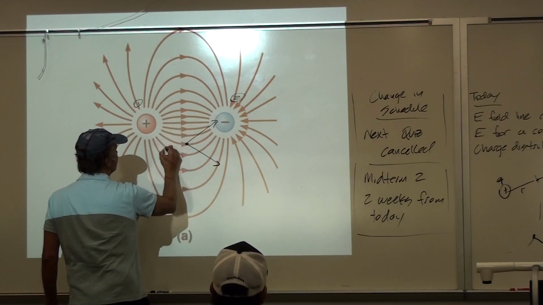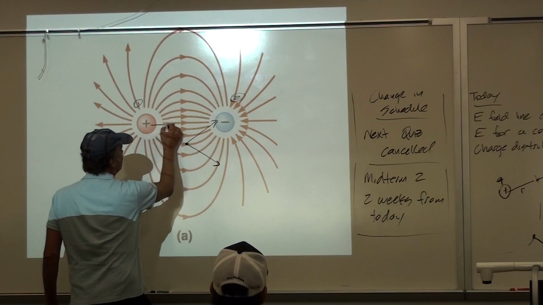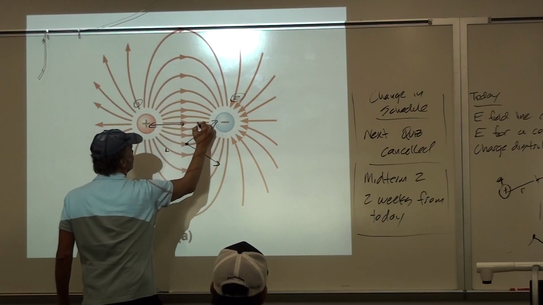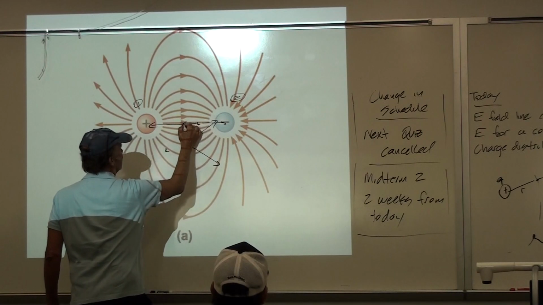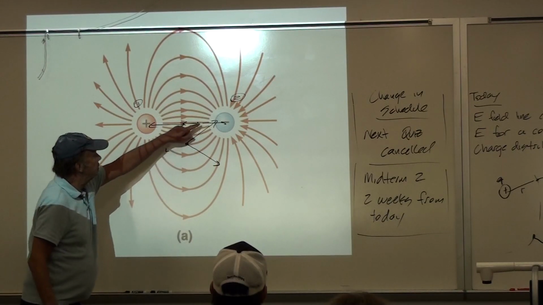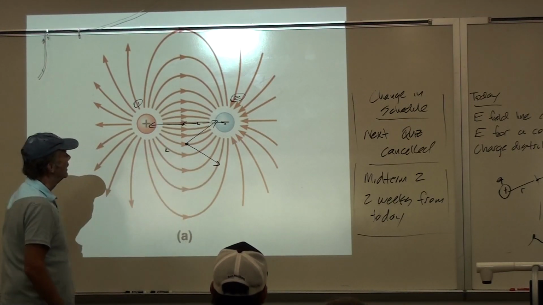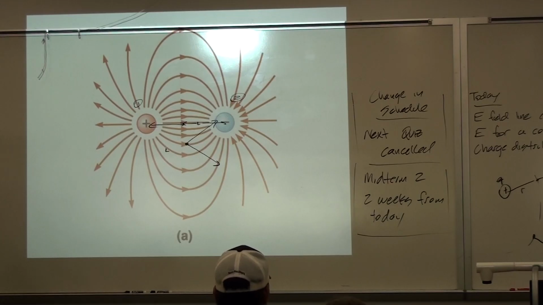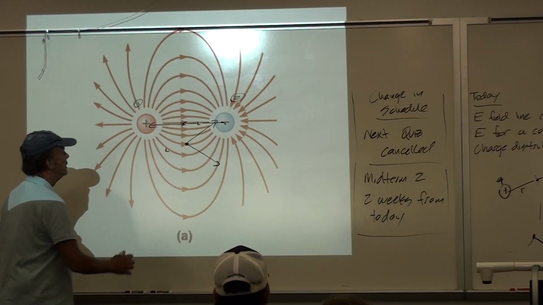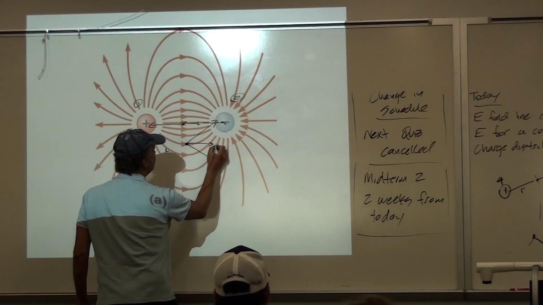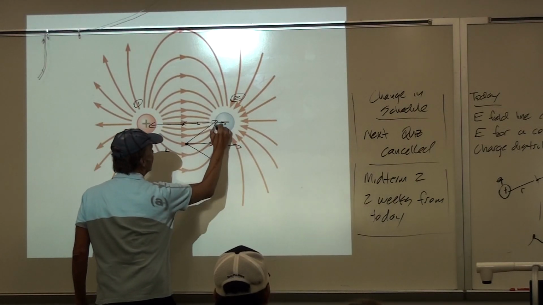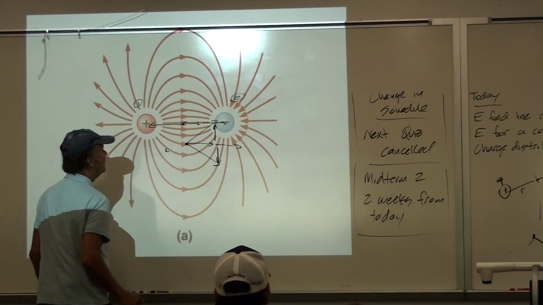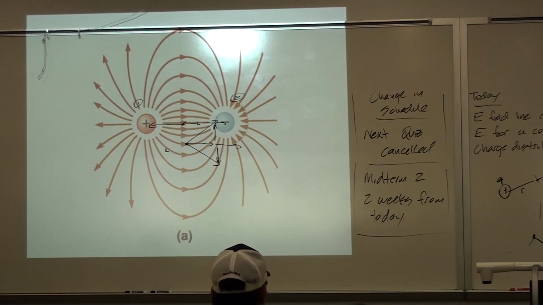So this distance, say, is L to the midpoint, and this distance is L, then the lengths of these vectors will be kq over L squared, but they won't be pointed in the same direction. One will be pointed away from positive, the other will be pointed toward negative. So we can decompose that into x components that add and y components that cancel.